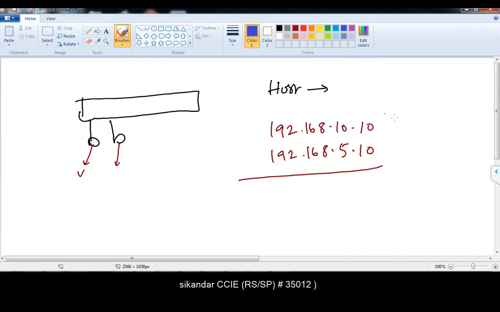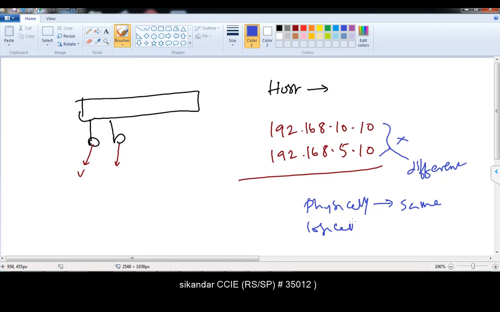The answer is they will not be able to communicate, because even though they are physically on the same network, meaning when you connect them they are both in the same LAN, logically we call them being in different networks, and they cannot communicate.